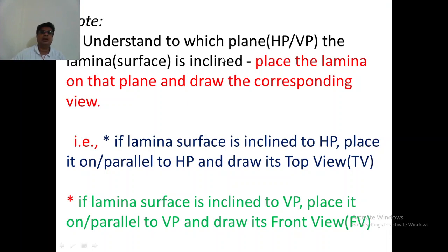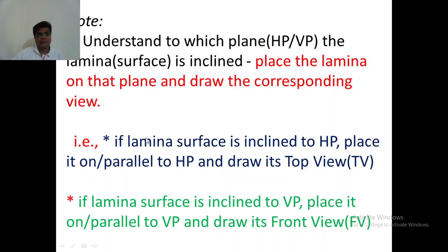Whether the plane is inclined to HP or VP will be given in the problem, and you have to keep that in mind. Accordingly, if the plane is inclined to HP, you have to keep it on the HP and draw the top view. If the plane is inclined to VP, you have to keep it parallel to VP and draw the front view.